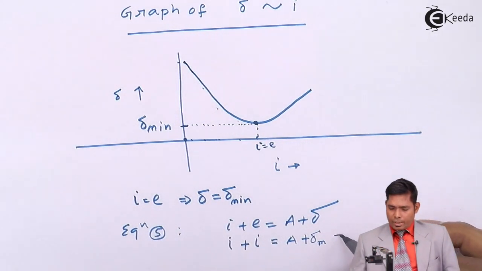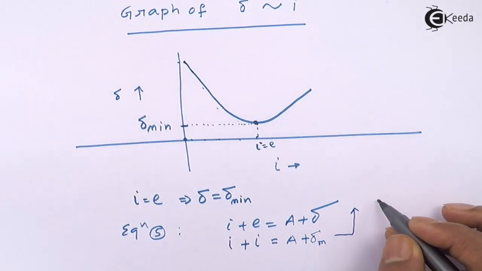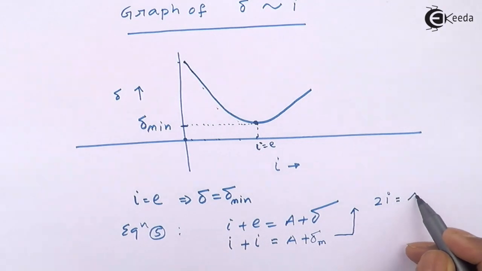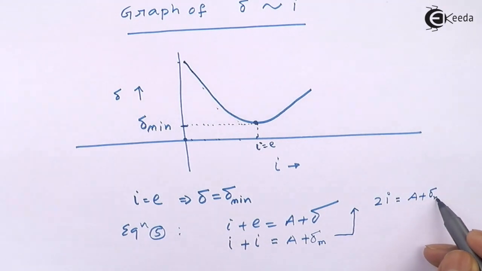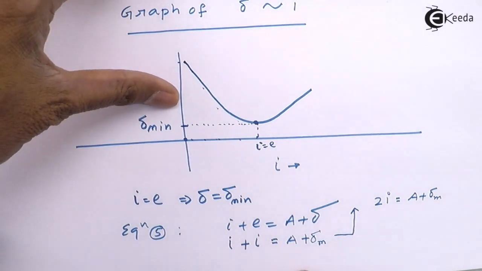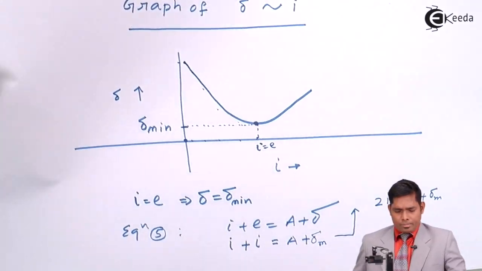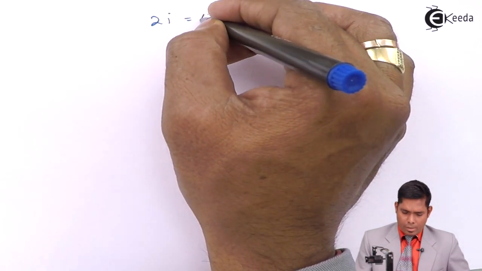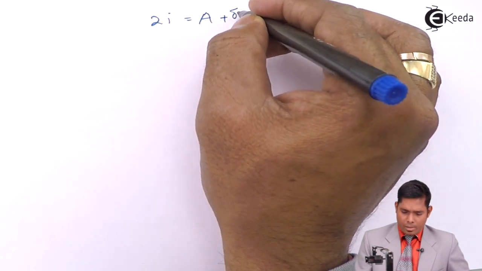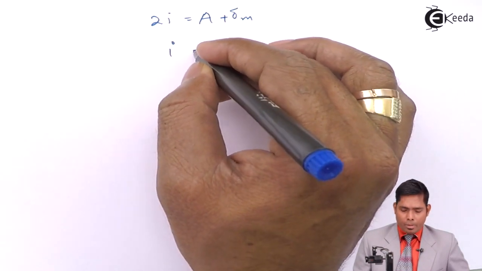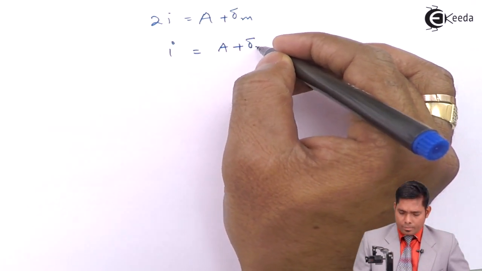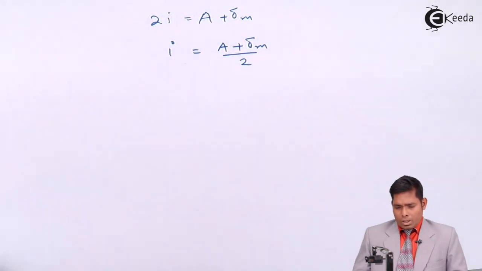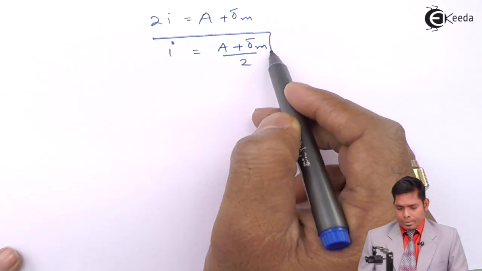From here, what are you getting? From here, we are getting 2I equals A plus delta m. So what will be I? I will be this, which is what we got finally.